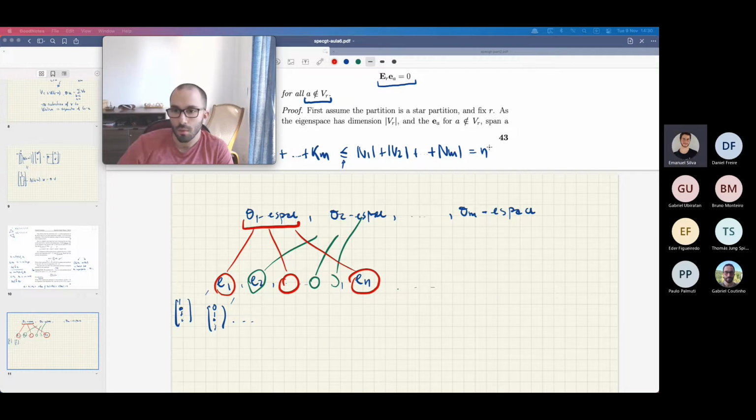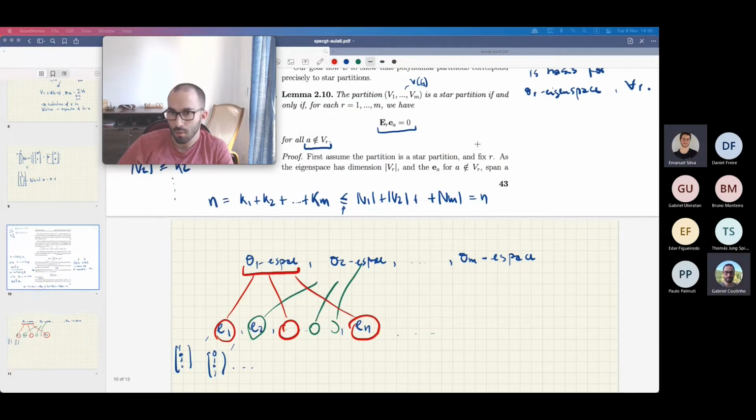But you can choose a star partition and, that is actually a very good point.